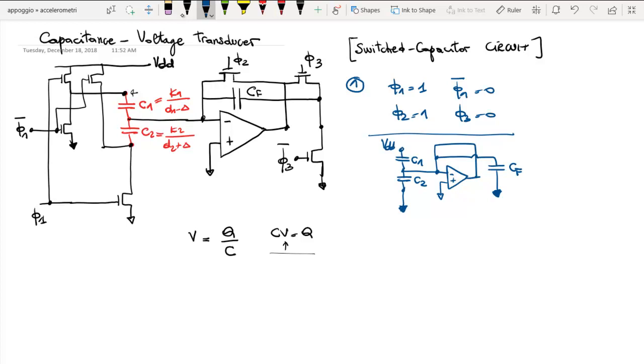Of course, here the inverted input is connected to the output, which means that the amplifier is operating in the linear regime. And here, what we know is that the voltage on this node is 0. It is at virtual ground.